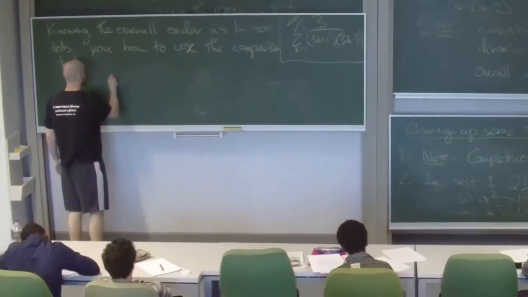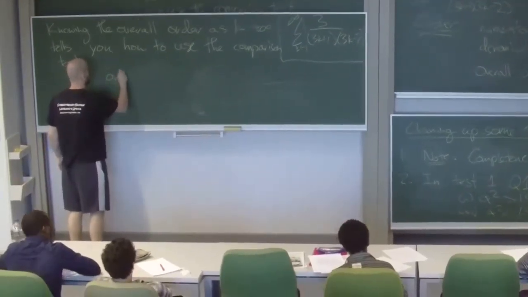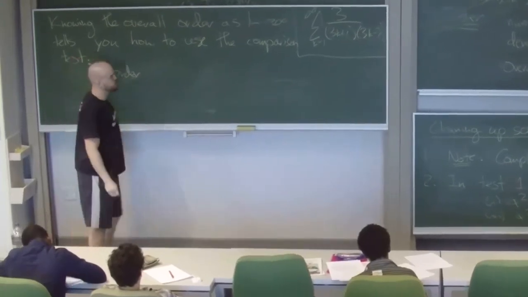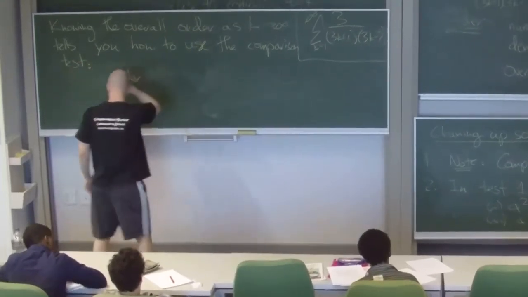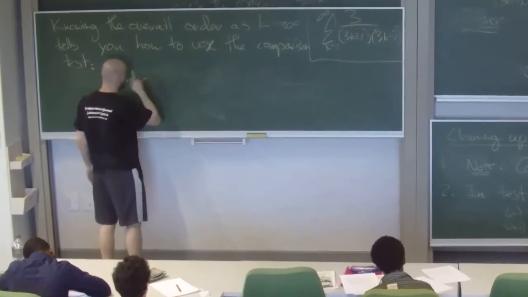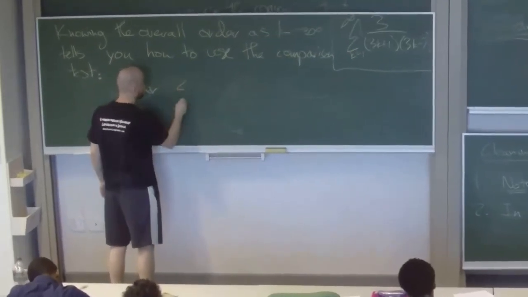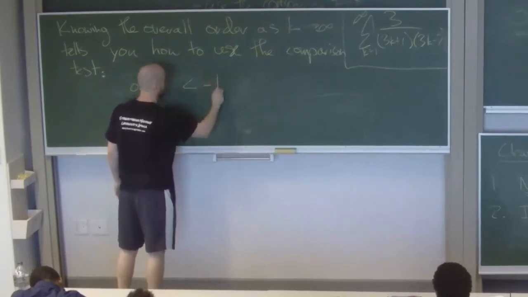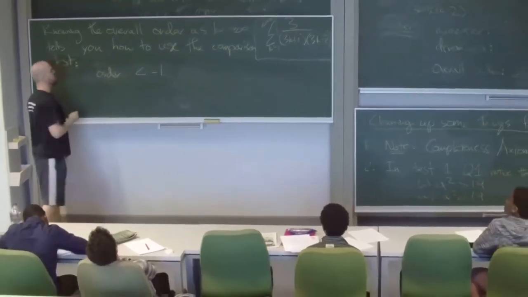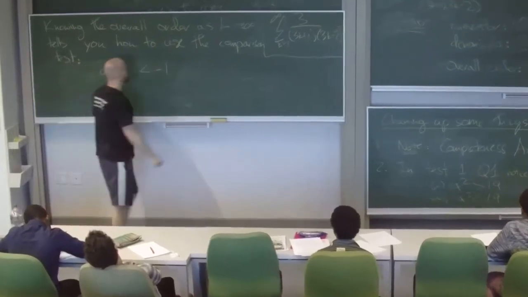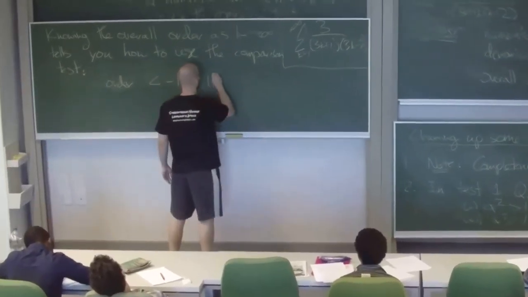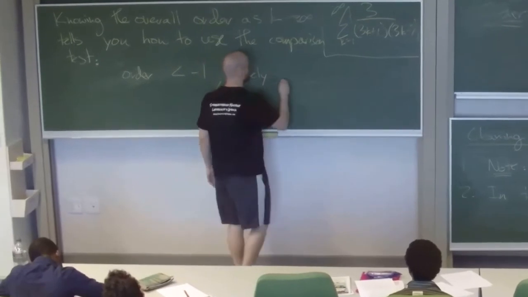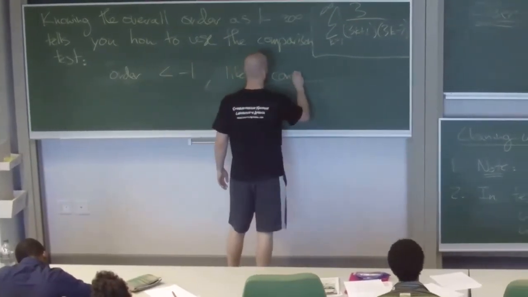So what does it tell you? If the overall order is less than minus 1, it likely converges.